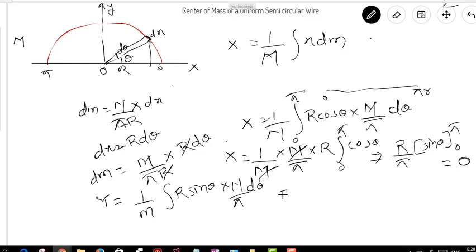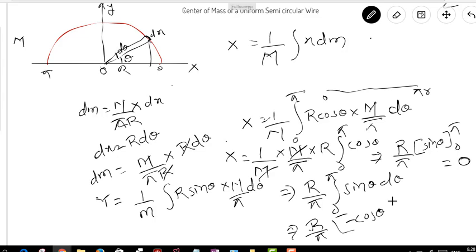This will become r by pi, 0 to pi integration of sin theta d theta. So this will become r by pi times minus cos theta, which is the integration of sin theta, from angle 0 to pi.